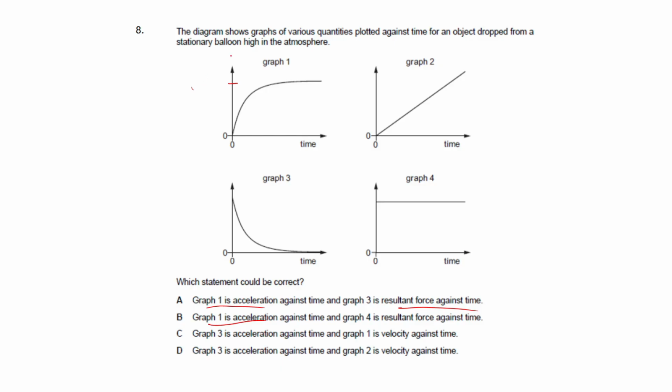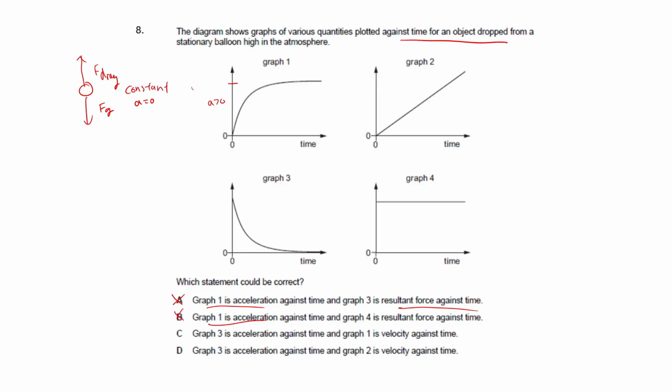But if we're dropping an object, right, eventually we're going to be at terminal velocity, where this is F_drag, for example, and this is F_g, and it's moving at a constant speed, and thus a is equal to 0 and not non-zero, because in this case a is greater than 0, so it's not A or B.